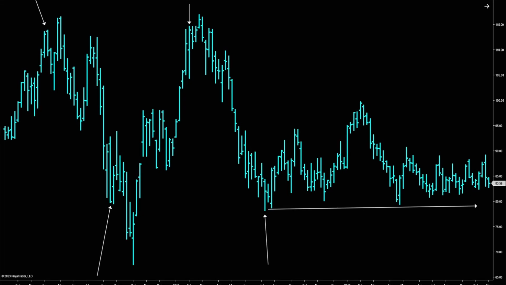Here we've got a nice low. Notice a few things. Number one, our last arrow was at the top. And here we headed down to the next arrow. Then note that from our arrow, we moved sideways for over a year.